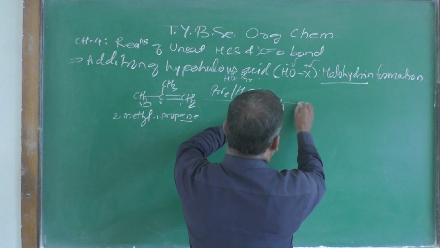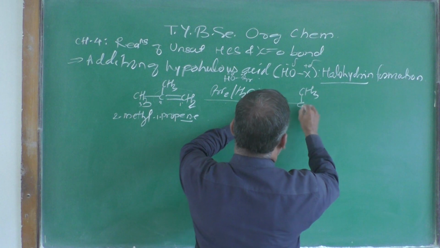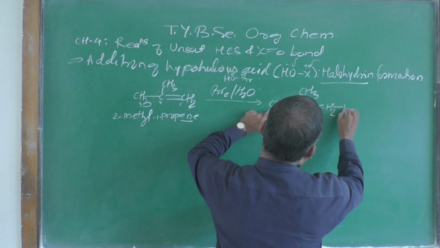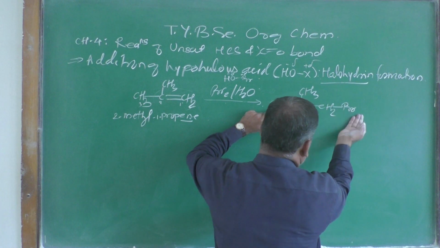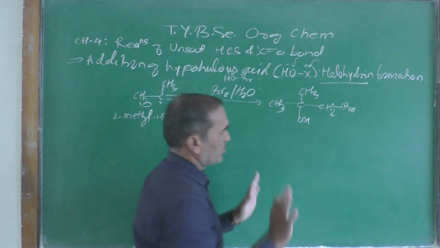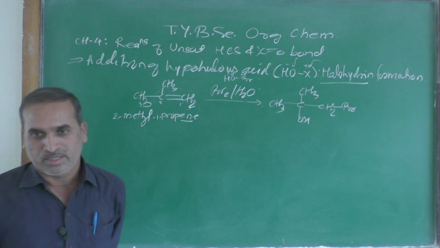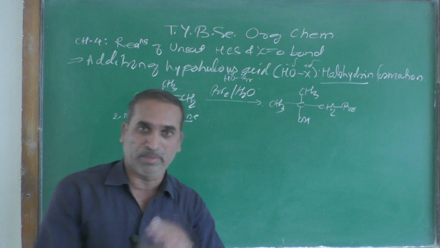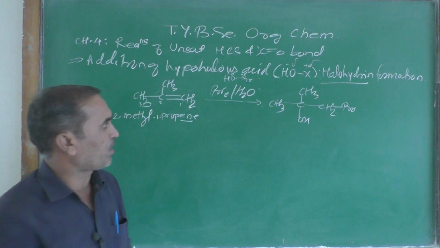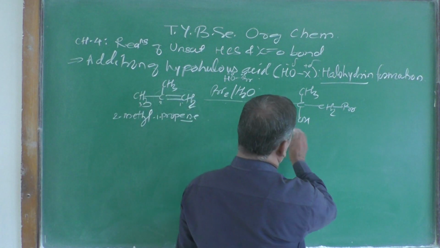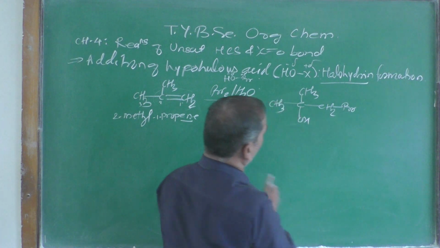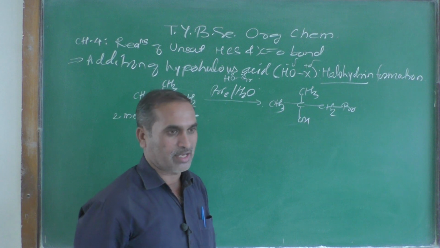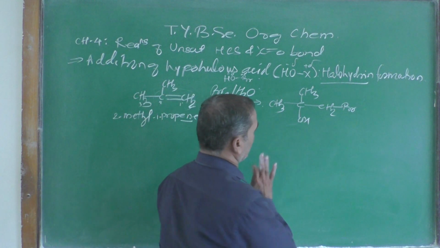And here CH3, then here CH3, here OH, and now CH2, and here you can write Br, either this side or this side, doesn't matter, but this is what we can call the product here. Can you tell me the correct IUPAC name of this compound? Do you know that? Yes, the numbering should be from left hand side or right hand side. Can you suggest?